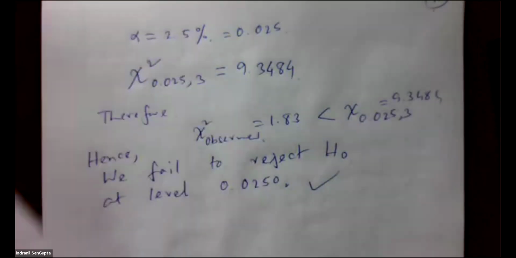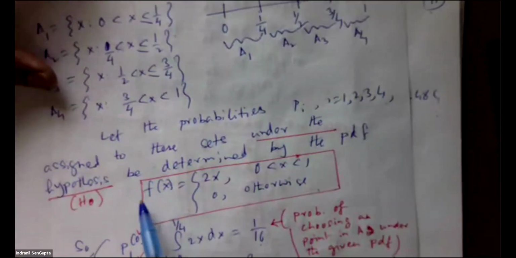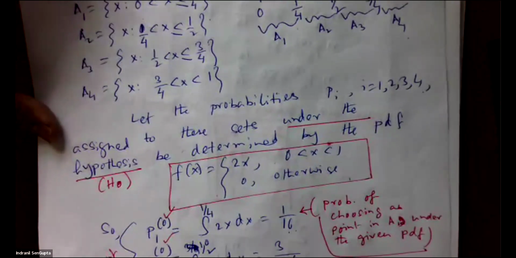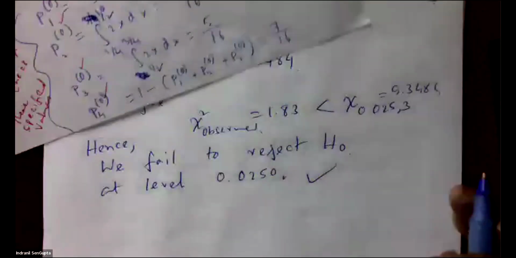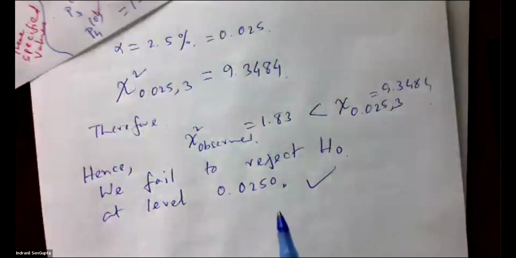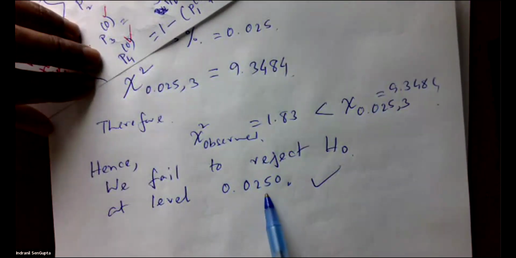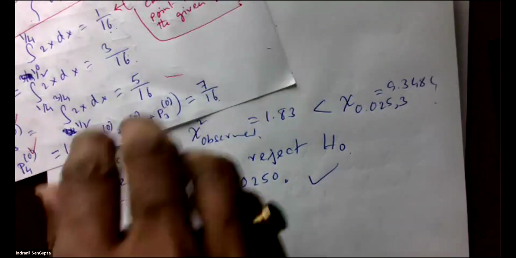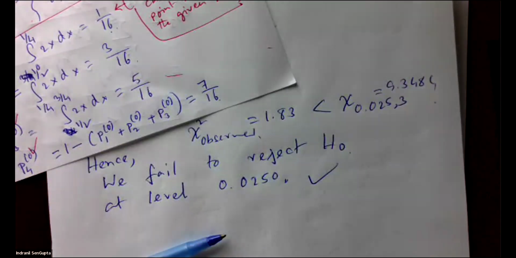You conclude that it comes from the PDF f(x) equals 2x. Okay, so you see how powerful these tests are. With the significance level 0.025, you can say that.